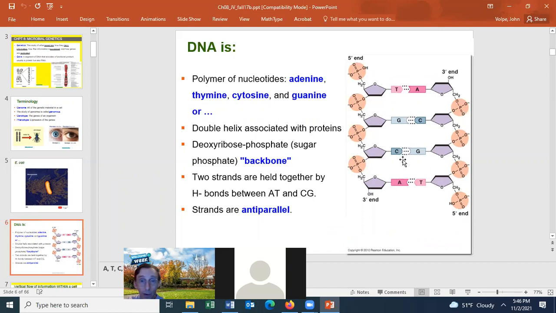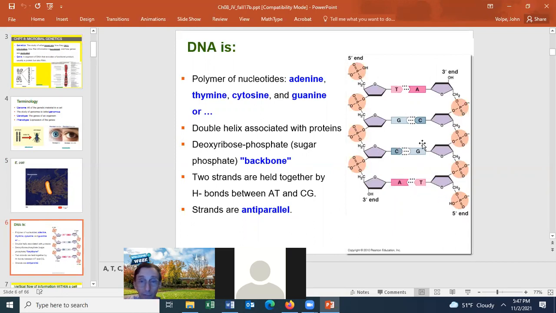DNA in our cells is normally a double helix associated with proteins. Proteins aren't shown here. And that double helix has the sugar phosphate being the backbone of the DNA, meaning the sugar phosphate sugar holds the DNA together, at least in one strand of DNA. The nucleotides are on the steps of this double helix, and the nucleotides hydrogen bond with the other nucleotide on the second or corollary strand of DNA.